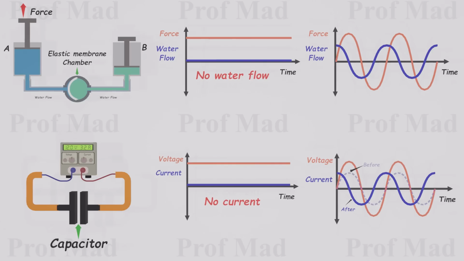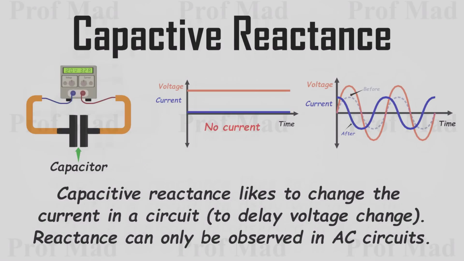In direct current, where the voltage is constant, the capacitor does not allow current to pass through. But in alternating current, current consistently leads voltage. This phenomenon is referred to as capacitive reactance. As we mentioned at the beginning of this video, capacitive reactance is not observed when the voltage remains stable. Since current does not change in DC circuits, capacitive reactance is not evident in DC circuits.